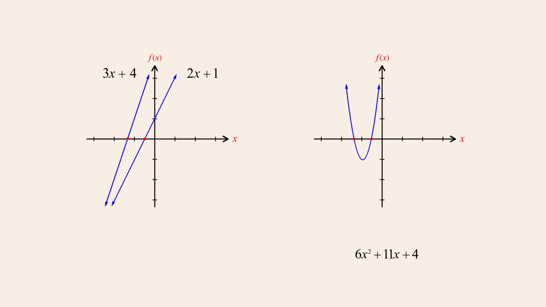Therefore, we can find the zeros of a quadratic function by finding the zeros of the simpler linear functions that are its factors. This means that instead of having to solve a quadratic equation, we can solve linear equations, which are easier.